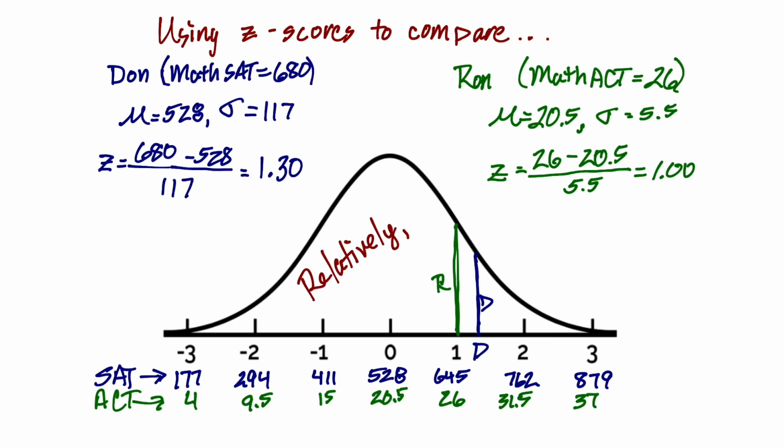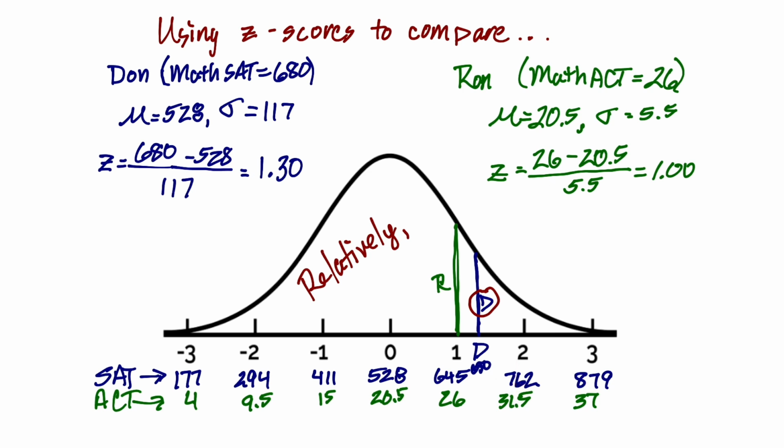Relatively speaking, Don did better. Why? Because his score of 680 is on my blue axis here. These blue numbers have to do with the SATs. So 528 plus 117 plus another 117 and so on.